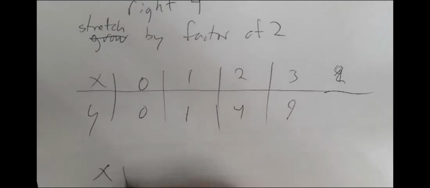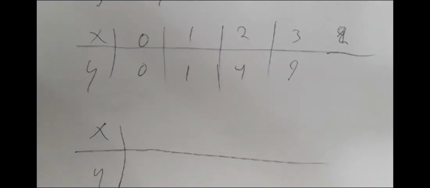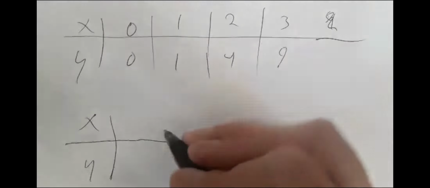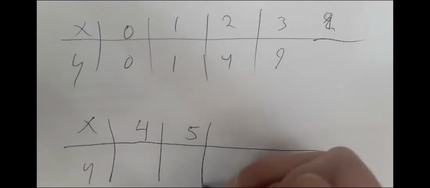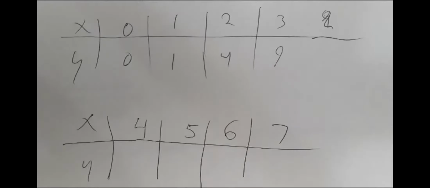But for my x, how is my x changing? What do I have to do to each of these x quantities? Add 4. Right 4 would be adding 4. So 0 plus 4 is going to give me 4. 4 plus 1 is going to give me 5, 6, and 7, I think is what these are going to become.